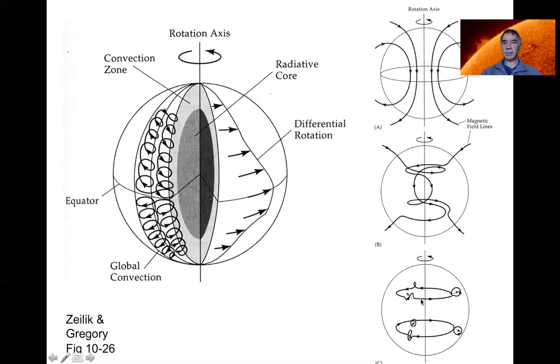Here is another simplified diagram to try and indicate what's going on. Imagine, again, you start with what you would call a dipole field, very similar to the kind of magnetic field pattern that we think we have here on the Earth, where most of the field lines are starting out vertically in the sun, aligned with the rotation axis. But over time, this drawing out action due to the differential rotation will start to wind up the field lines, and so that will draw them out like this, so they end up in the equatorial regions becoming aligned more to the equator.